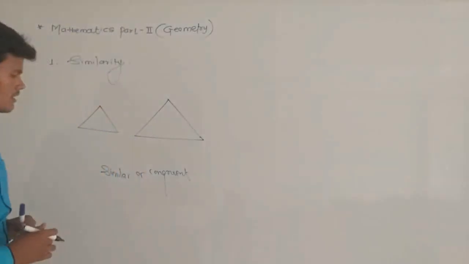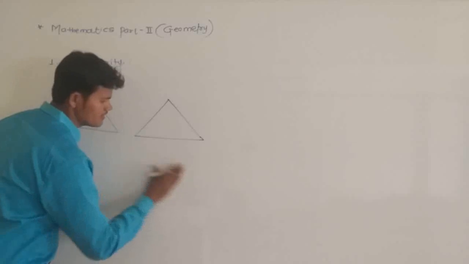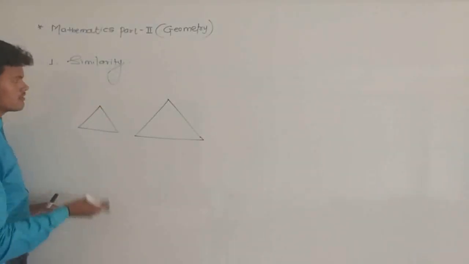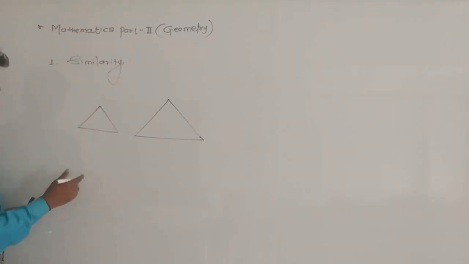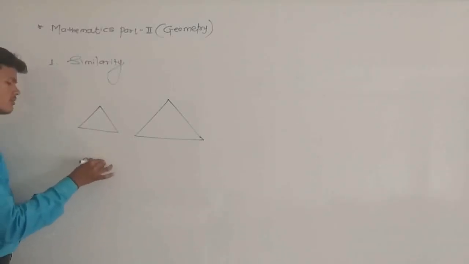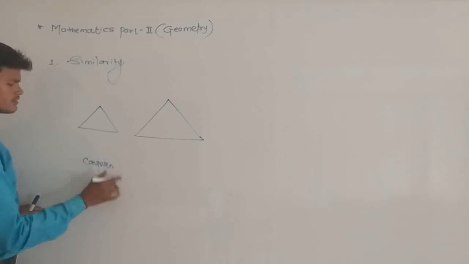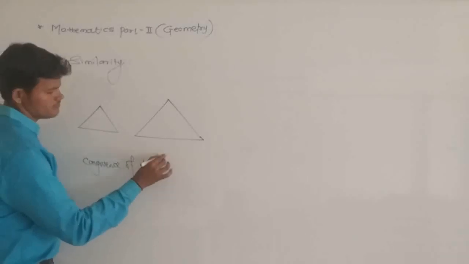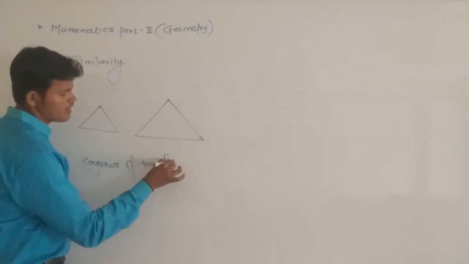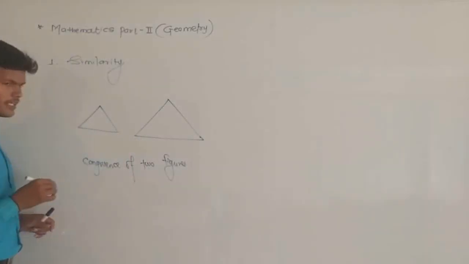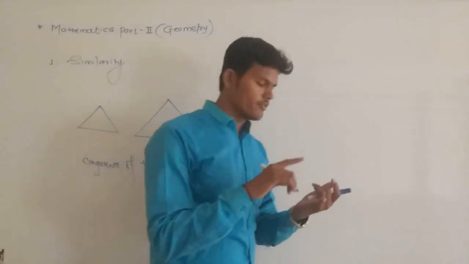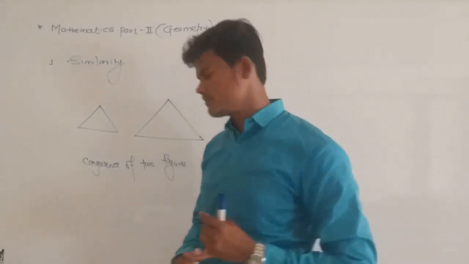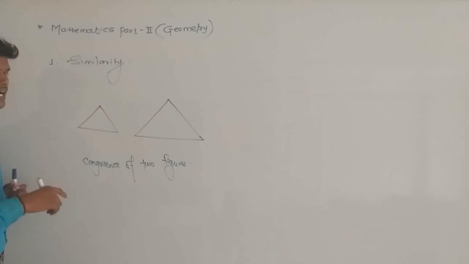So the basic difference about congruence of two triangles or similarity of two triangles. So for congruence of two triangles or congruence of two figures, the most important thing is when two figures have the same size as well as the same shape, then two figures are congruent.